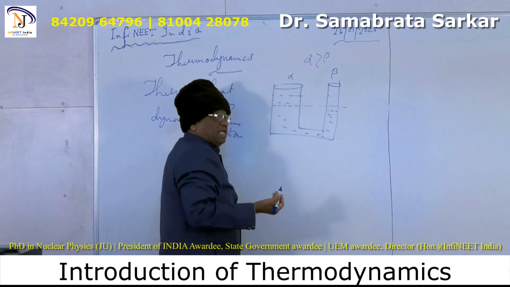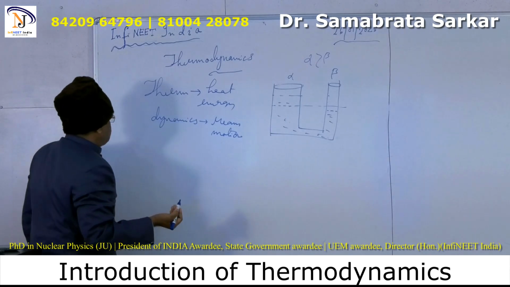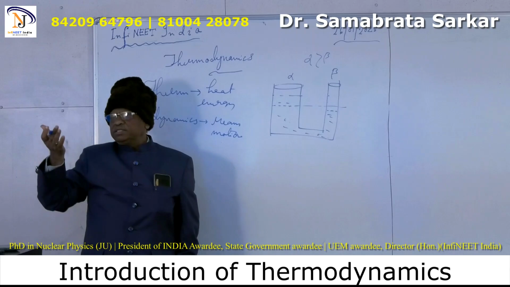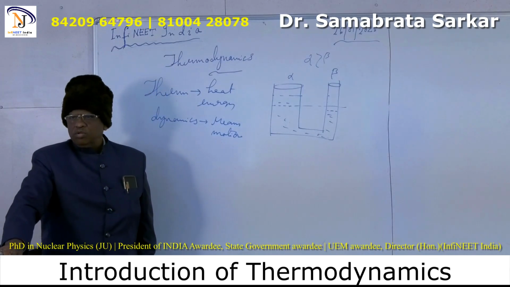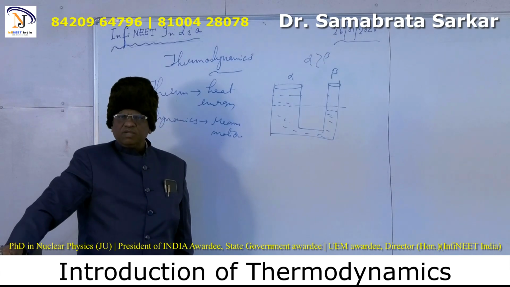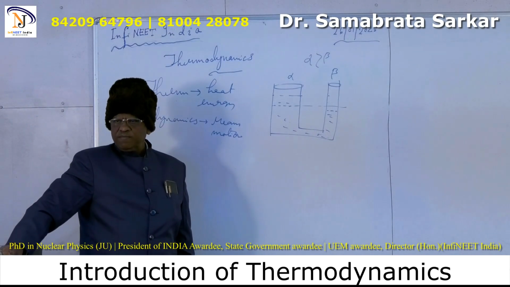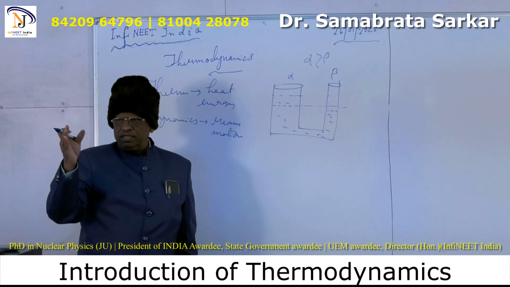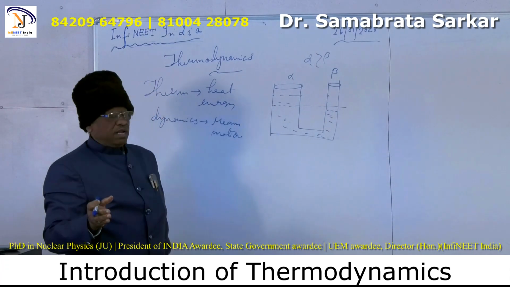Like heat. Heat actually flows from a body where the temperature is more to a body where the temperature is less. And this is the rule regarding flow of heat. And flow of heat means flow of heat energy. Am I clear?